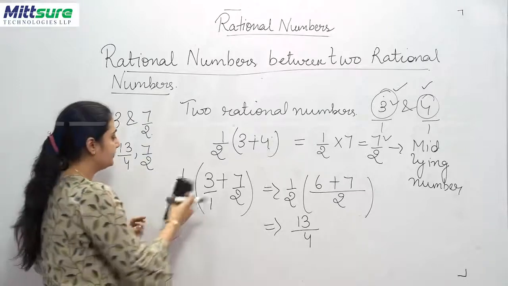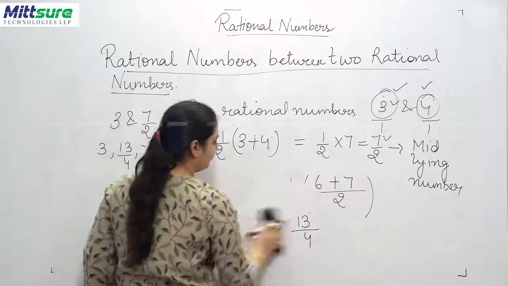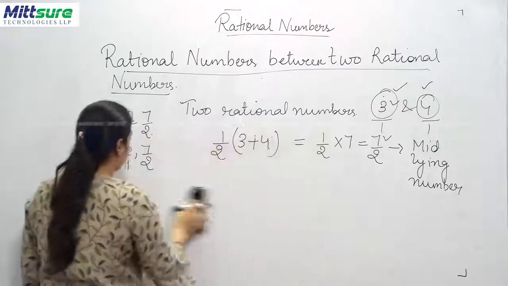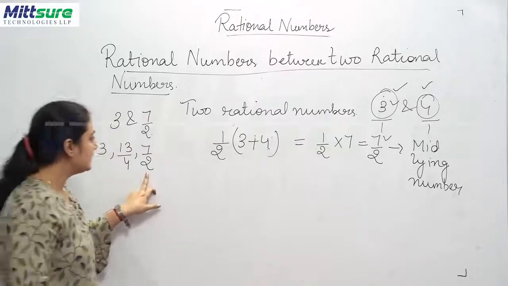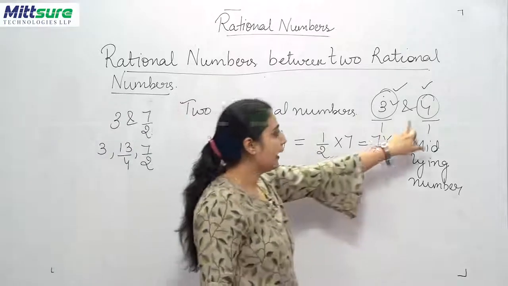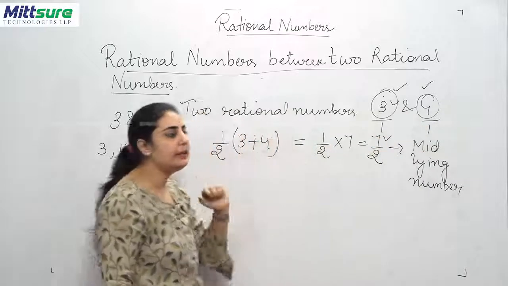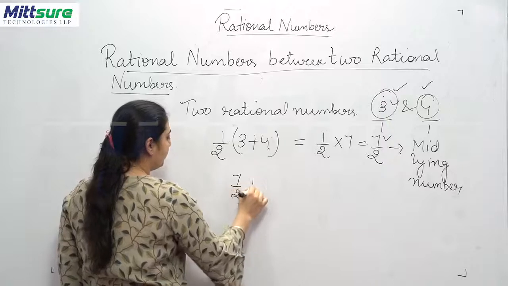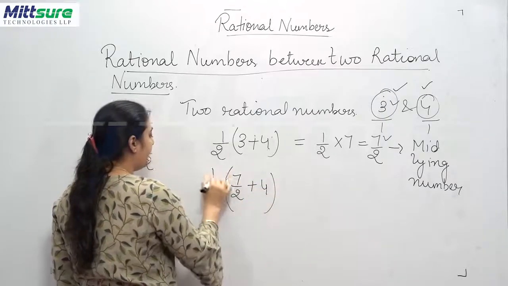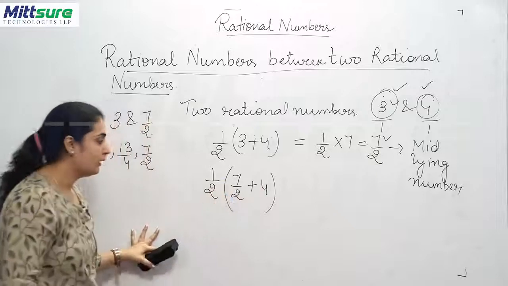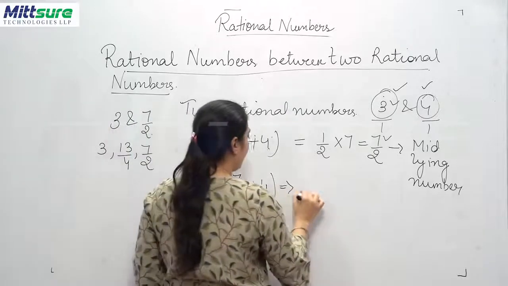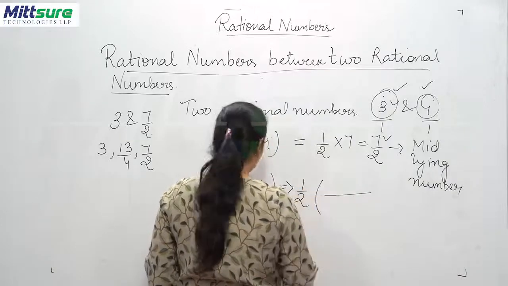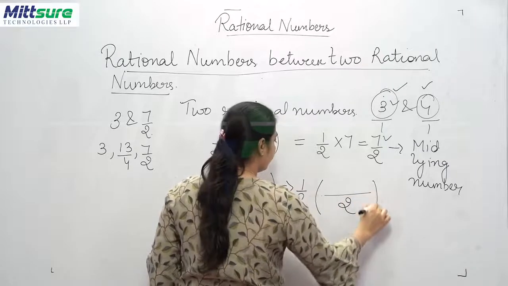Clear? Now we will find out the number existing between 7 upon 2 and 4 using the similar method. Now let's see. 7 upon 2 plus 4 multiplied by 1 upon 2. When it will be solved, I will take the LCM. 1 upon 2 is outside the bracket. I have taken the LCM 2.